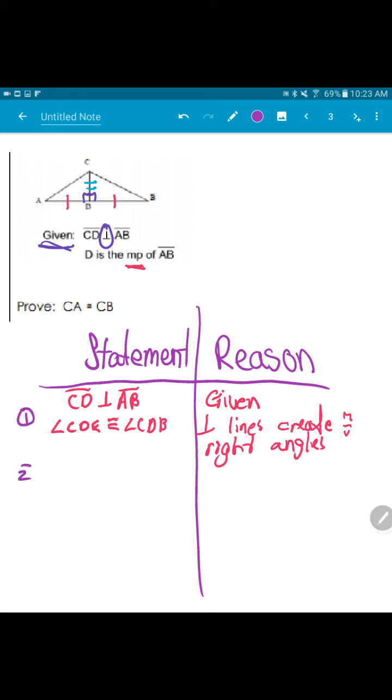The second thing we did, I'm going to number it 1 and 2, was that we looked at D being the midpoint of AB. I'm going to put that in as a given because we used it. We were given that, but we got information from it, and that's our next statement.